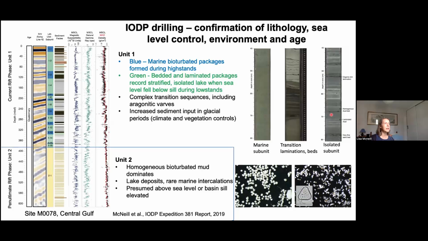Interestingly, between them, we had quite interesting transitional sequences that you can see here, very highly laminated and sometimes including aragonitic varves as well. Quite a nice sequence, and you can see that the blue represents marine and green represents those lacustrine intervals. As we get further back in time, we have less and less marine, and that probably reflects the position of the sill back through time.